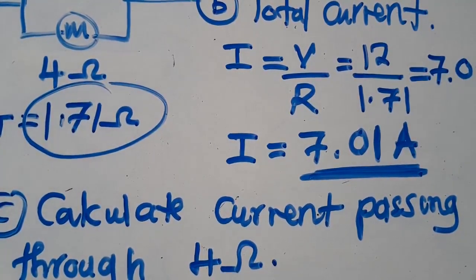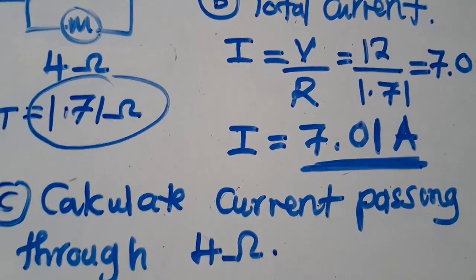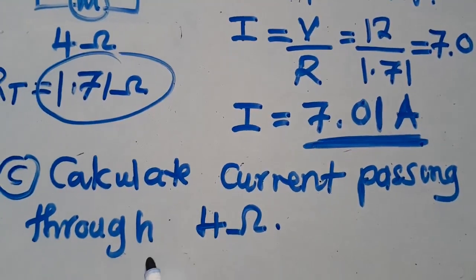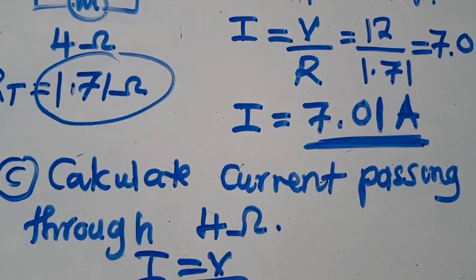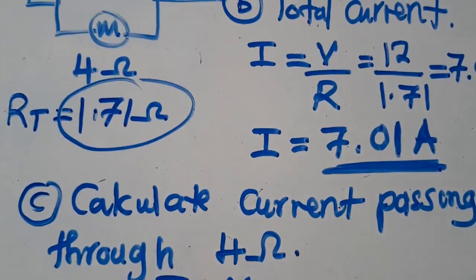So calculate the current. You know that current is equal to voltage over resistance. What is our voltage? This is now where a point comes in.